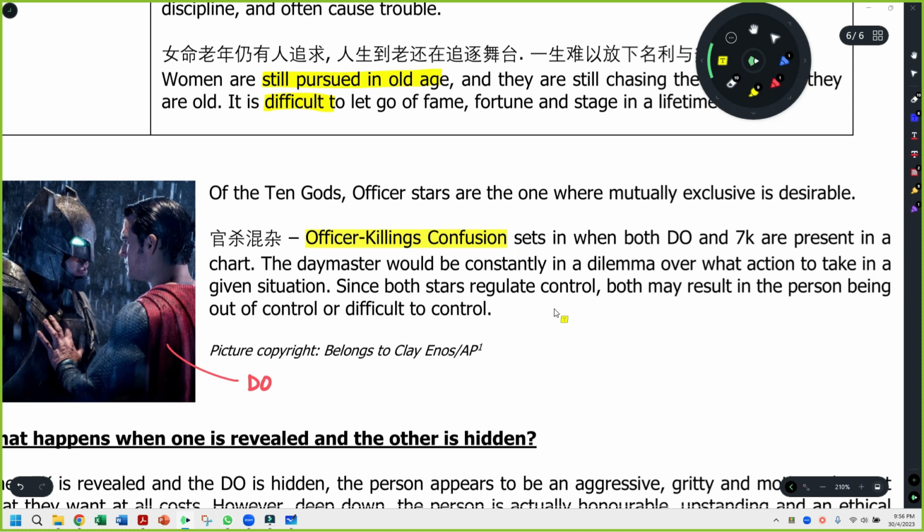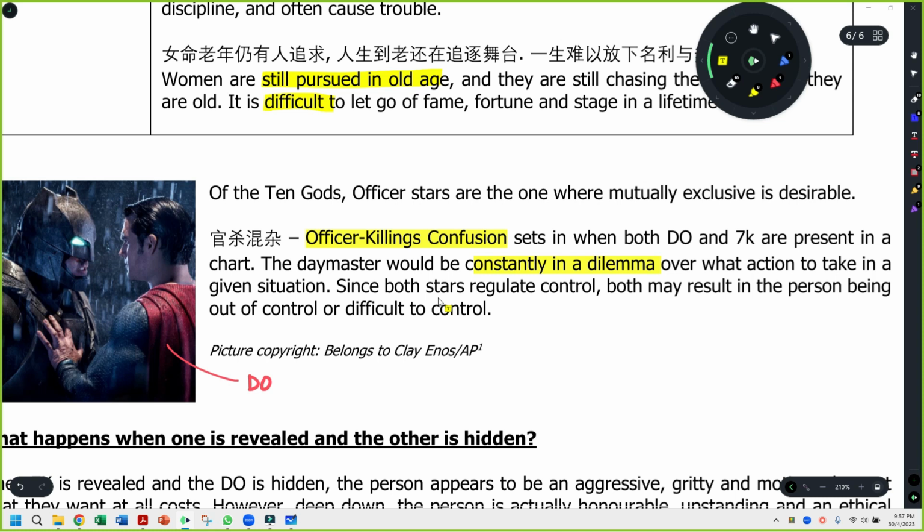Then you have what we call a split personality, and the person is constantly in a dilemma. And so anyone with Direct Officer and Seven Killings are people who find it very hard to make decisions, always see both sides, cannot decide, and they are very inconsistent in their personality. So, one or the other, we don't like to see both.